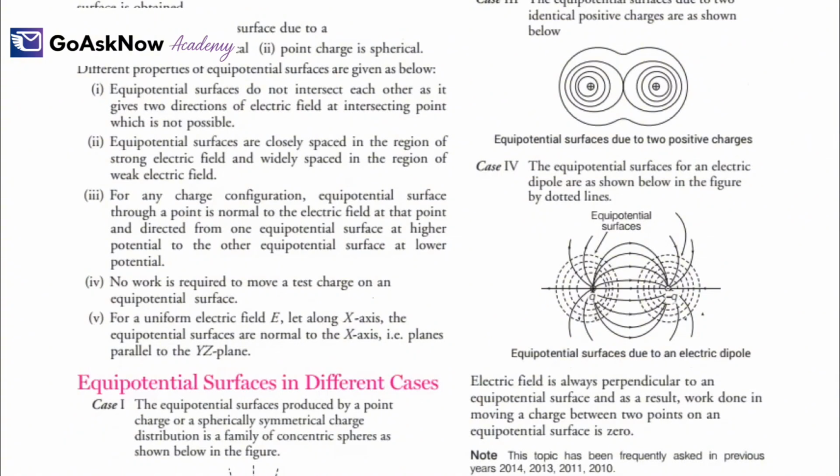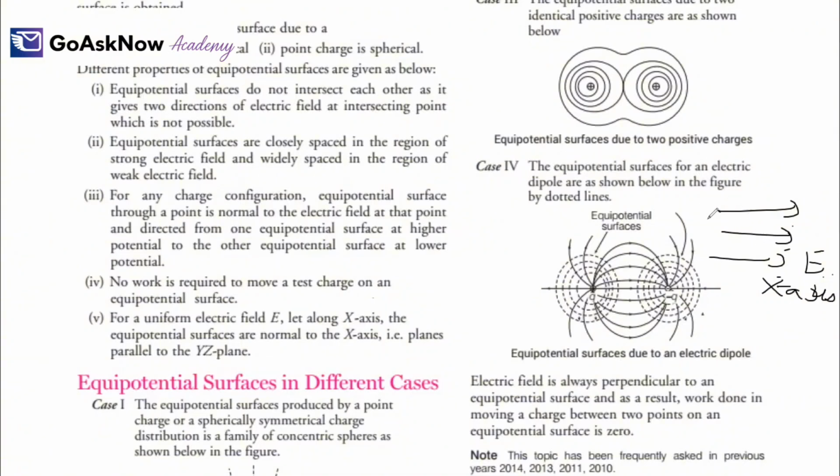So if you have a uniform electric field along the x-axis, with field lines like this, the equipotential surface will be normal to the x-axis, that is, a plane parallel to the YZ plane.